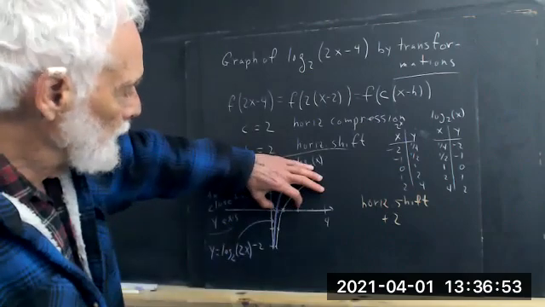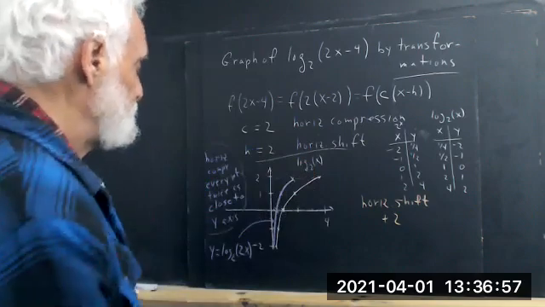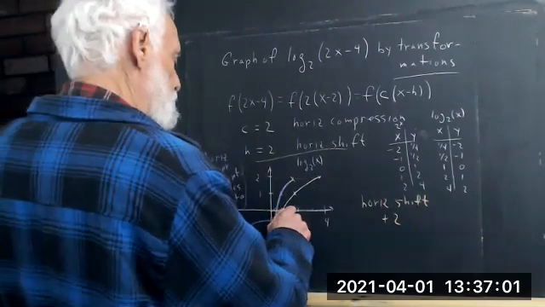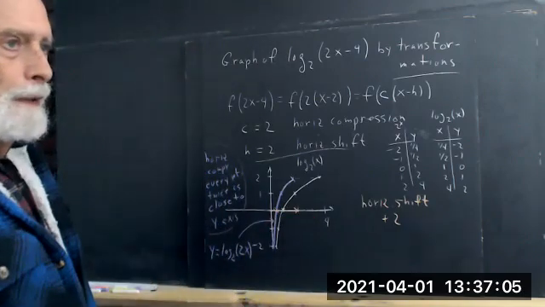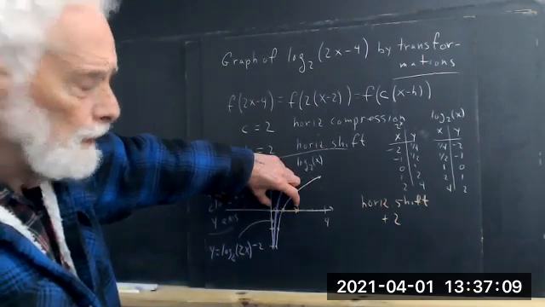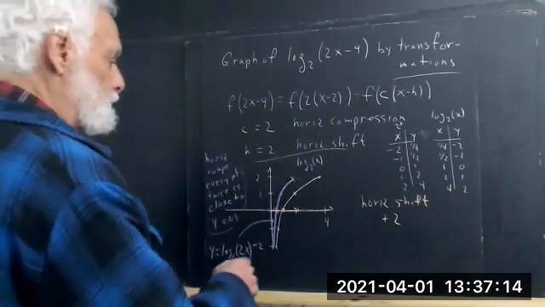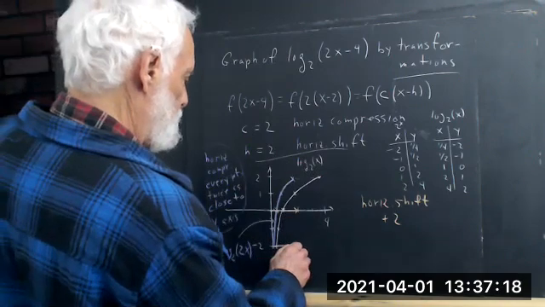Well, 2 units is this far, right? So I can even draw my 2 unit vector here. And I apply this 2 unit horizontal vector to every one of these points. So I'm going to try to be careful here. Well, I'm not going to manage it.